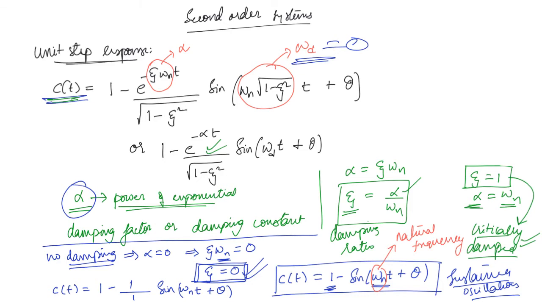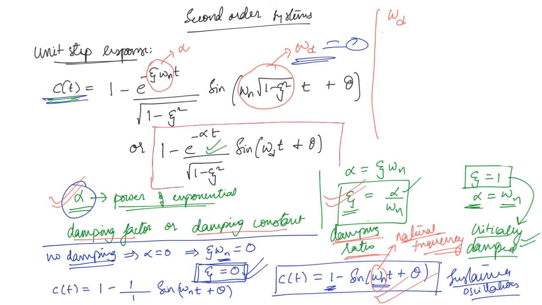Here we have discussed the damping factor or damping constant, which is alpha, the damping ratio, which is zeta, and the natural frequency, which is omega n. So what is the leftover term here? Omega d. If you see this output, the frequency of the sine term is omega d.